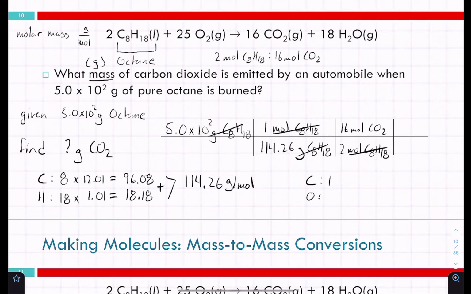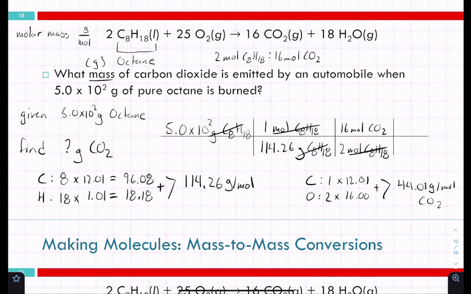Right, so 1 carbon, 2 oxygens. 12.01 is the molar mass of carbon, 16.00 is the molar mass of oxygen. So 12.01 plus 16.0 times 2 is going to be 44.01 grams per mole CO2.